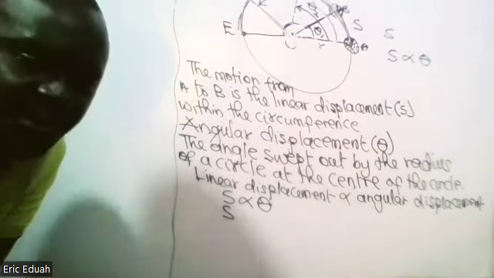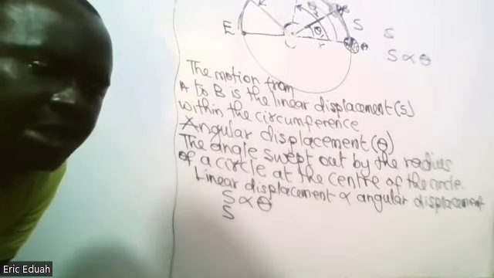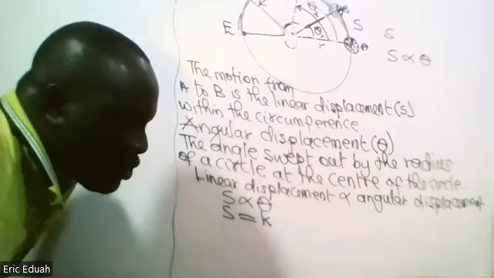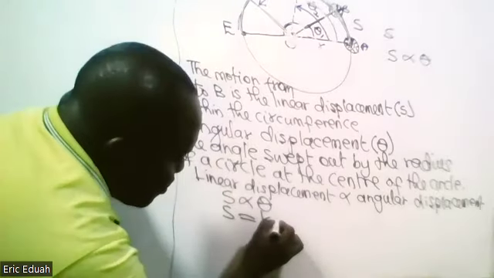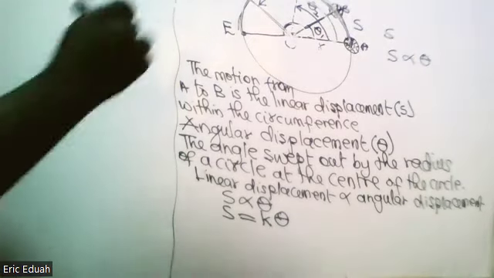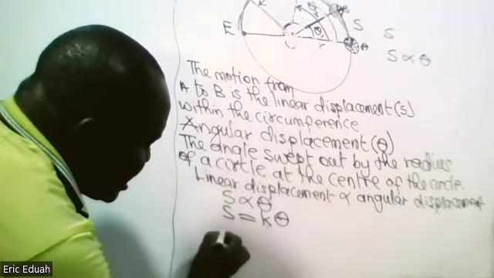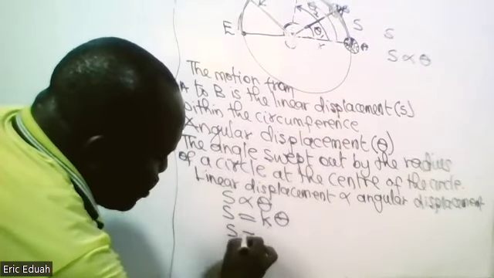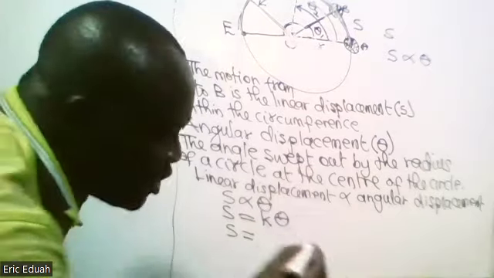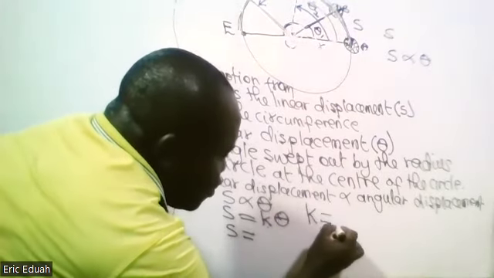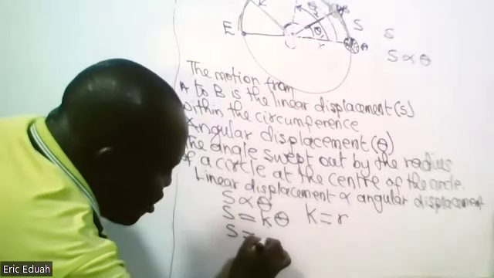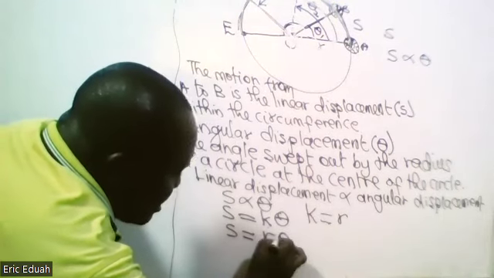Any direct proportionality goes with a constant. So S is equal to a constant of proportionality times the angular displacement. And this constant of proportionality K is equal to that constant radius of the circle. So K is equal to R, the radius of the circle, which doesn't change. Therefore, S is equal to R times theta.